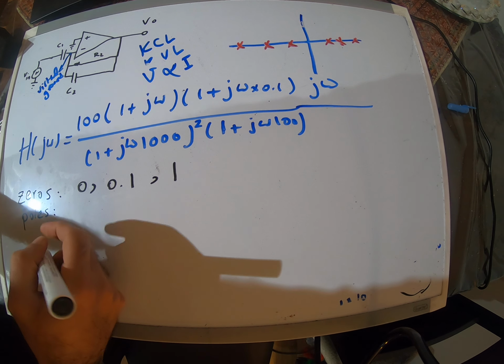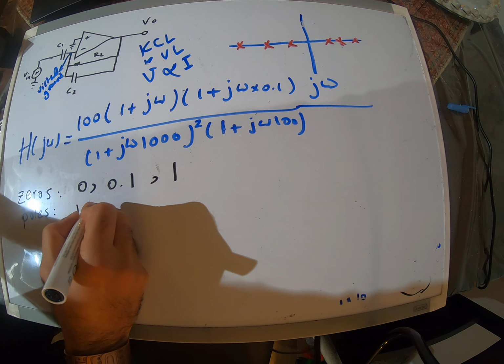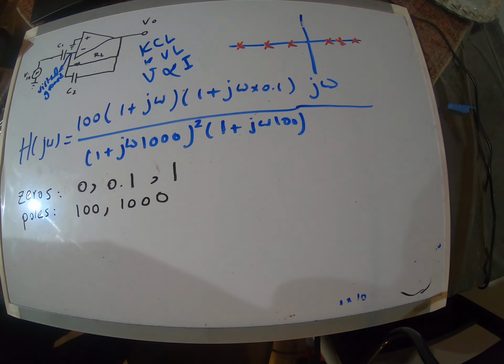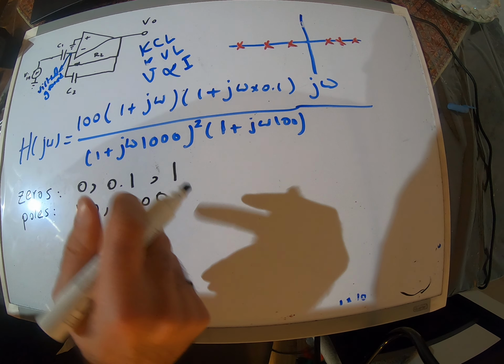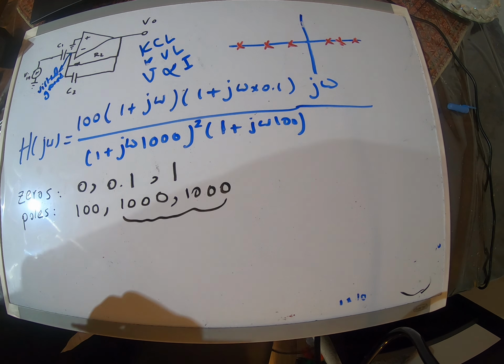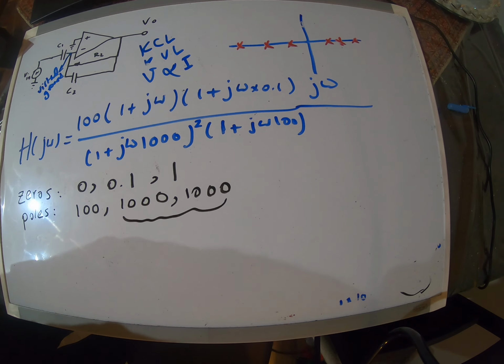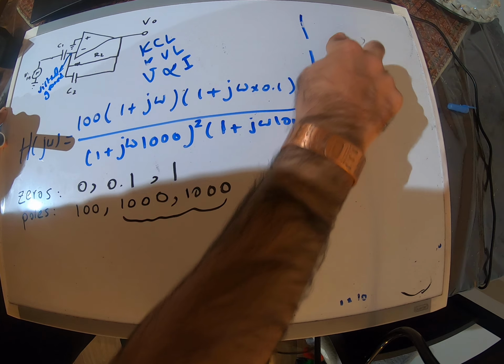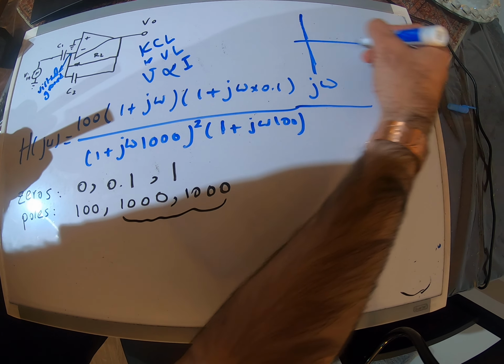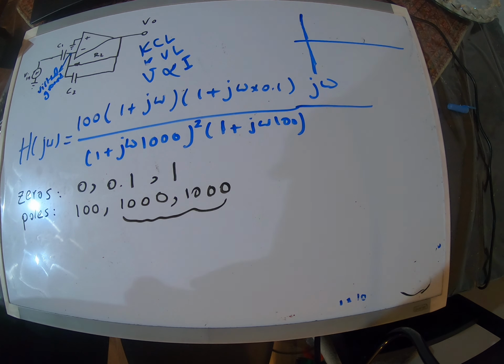Okay, how many poles do we have? We have 1 at 100 and 1 at 1000. But the pole that we have on 1000, we actually have 2 poles at 1000. So this is a double pole. Okay, so if I want to draw our poles and zeros here, this is what we have.